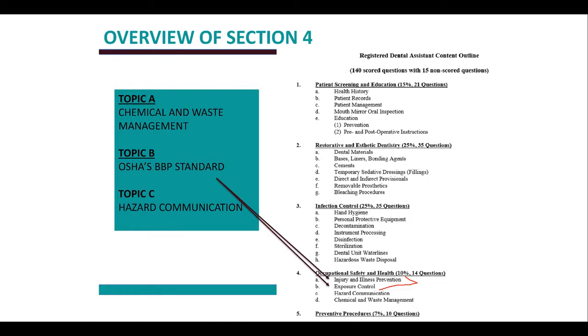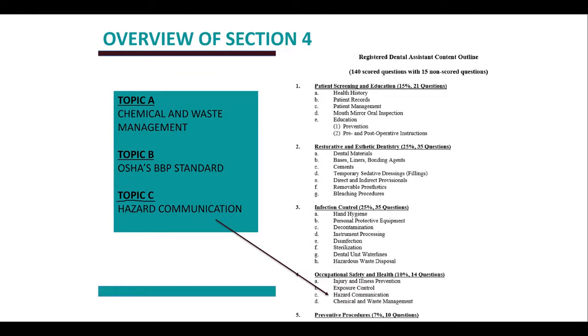So what I did was I took OSHA's bloodborne pathogen standard and broke it down into easy to understand information and therefore, of course, podcast. So those 2 sections are merged together, and that's going to be B. And then topic C is on hazard communication. So as you can see, that is the 3rd topic there in occupational safety and health.